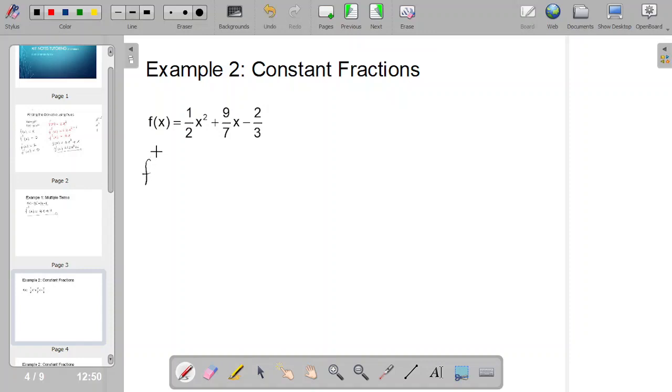Well, you say f prime of x equals, you must deal with each term each time. So you have 1 over 2 multiplied by 2. This is half times 2, that will give you 1.